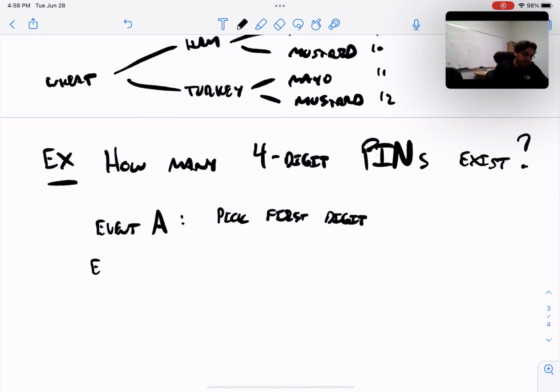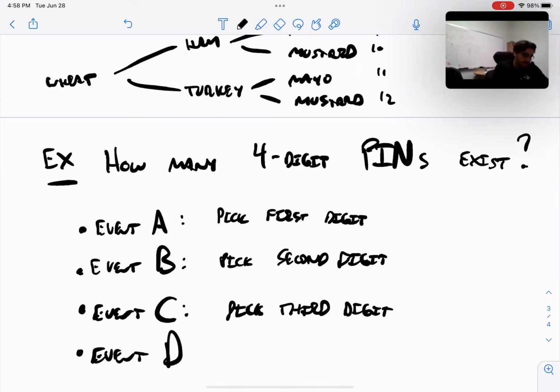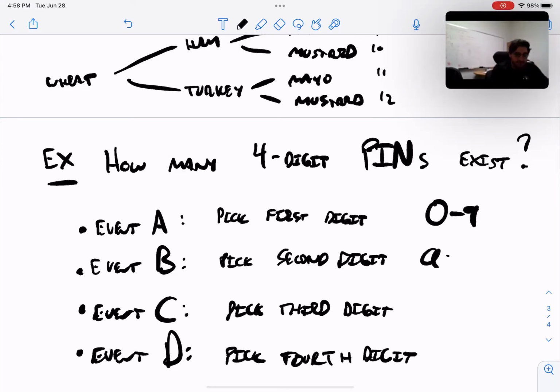Let's say event B is pick the second digit of your pin, event C is pick your third digit, and event D is pick your fourth digit. And how many options? 0 through 9 for each of these.